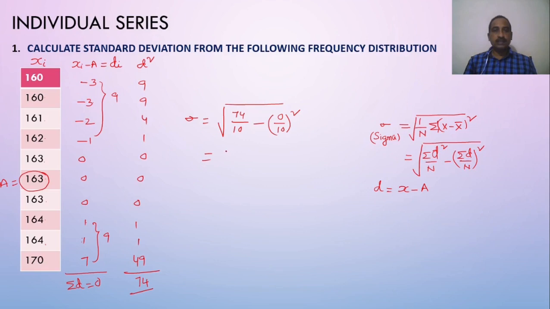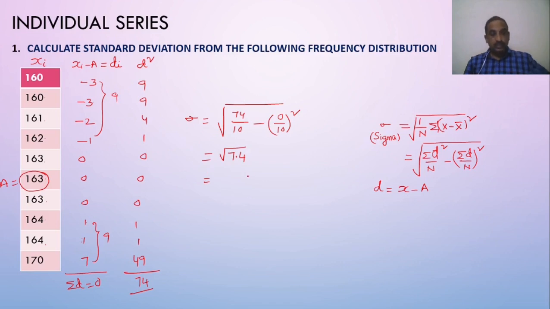You are getting 74 by 10, so sigma is the square root of 7.4.